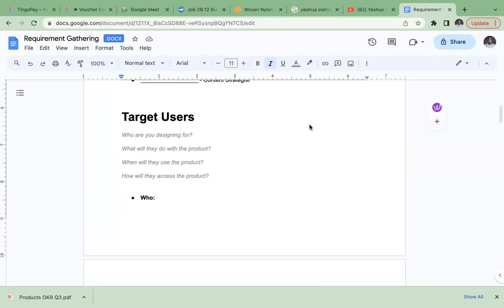So if it's a financial technology, you know that they should be able to pay bills, send money, receive money. They should be able to do some transactions, maybe utility, and so on. So all these are information you should collect, gather, and note before you go into the research of the product.